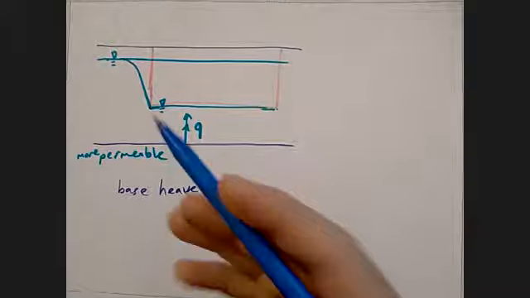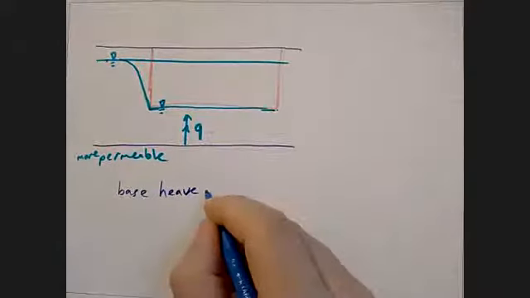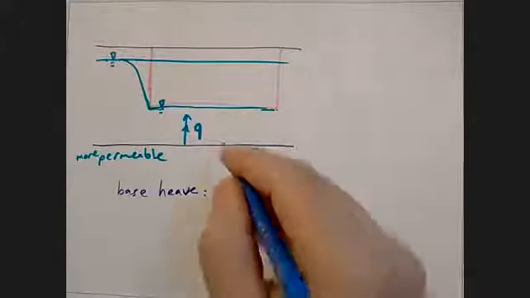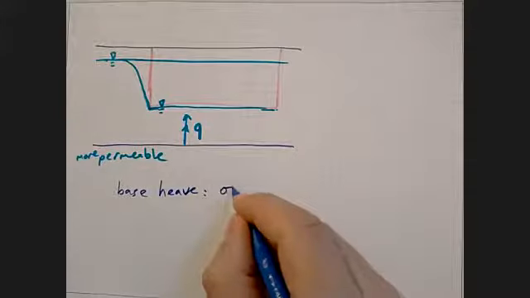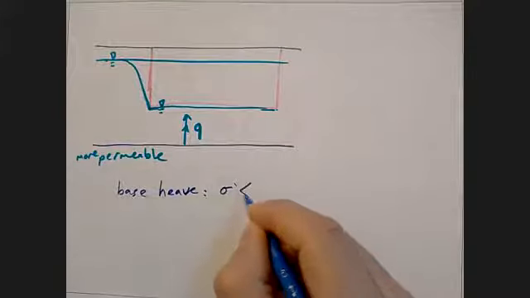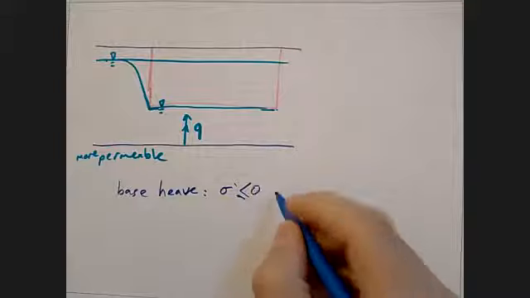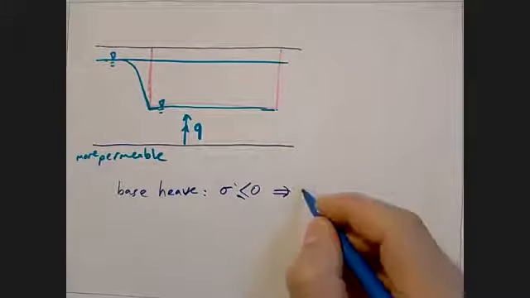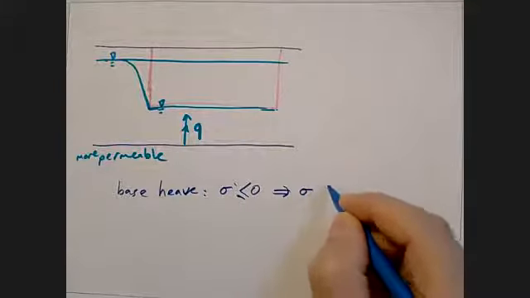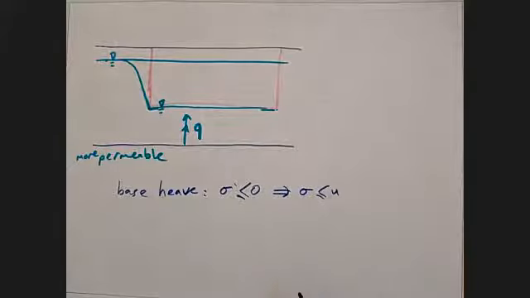Boiling, quick condition, base heave, they're all the same thing. It happens if effective stress becomes less than 0, which means total stress becomes less than pore pressure at the bottom.